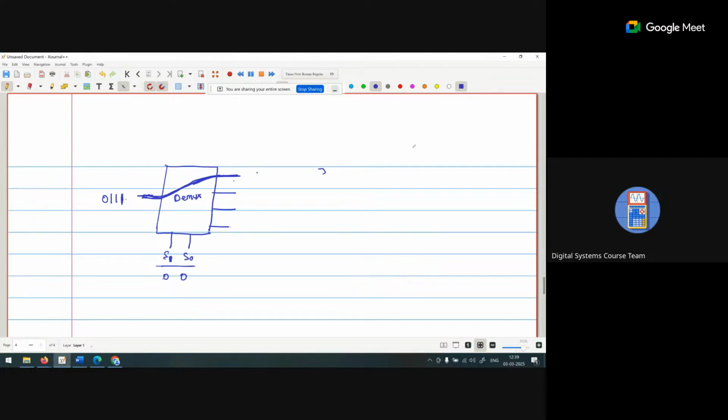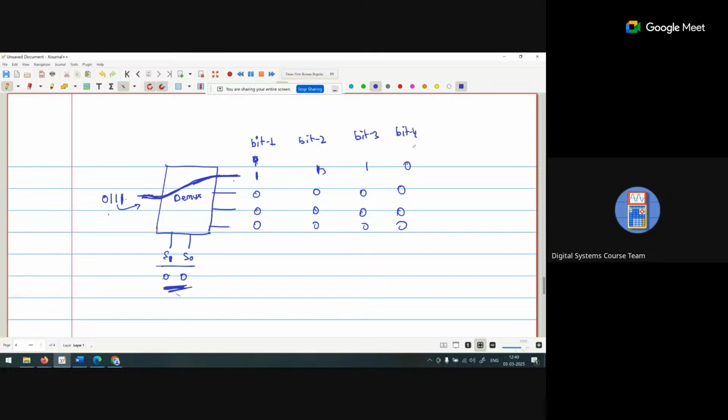So when the first bit is applied, the output is, for bit 1, bit 2, bit 3, and bit 4: bit 1 is 1 and all others are 0. Now the second bit arrives, bit 2 is 1 0 0 0. The third bit arrives, it becomes 1 0 0 0, and the fourth bit arrives, it is 0 0 0 0.